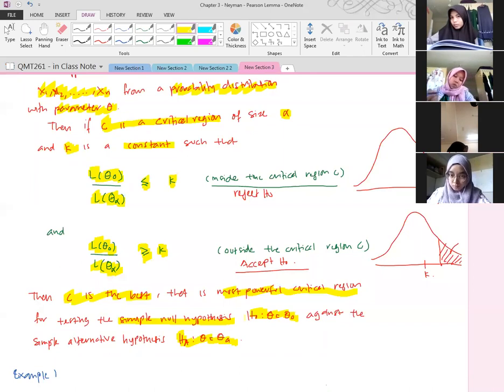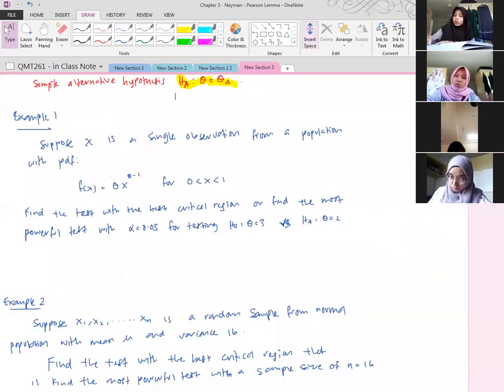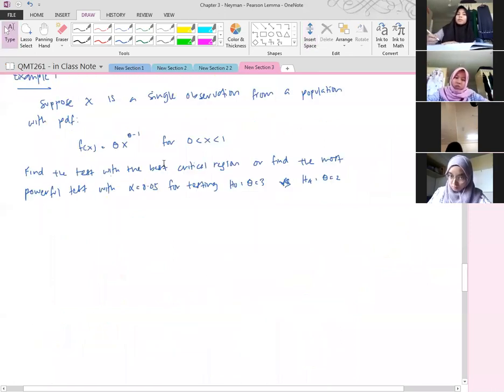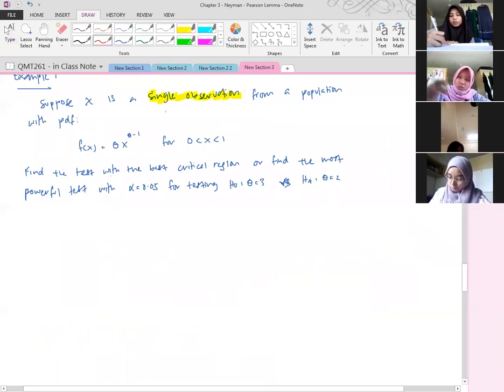Now look at example number 1. To understand this, we need to look at example number 1. Suppose that X is a single observation, so we only have X1.